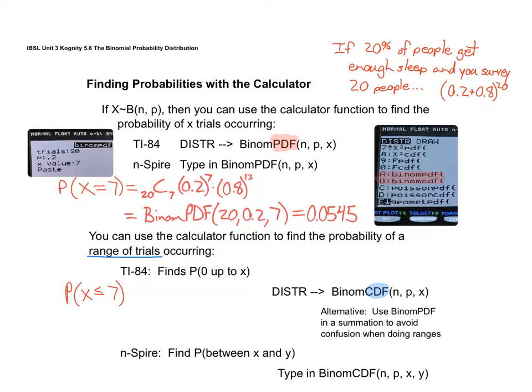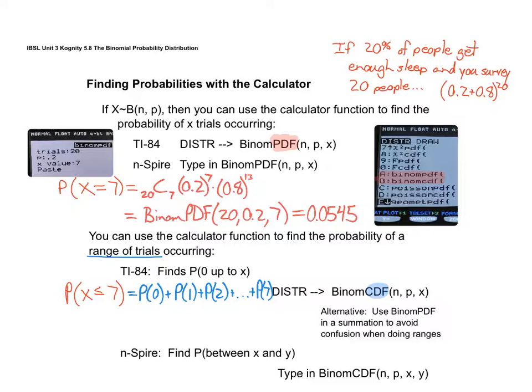Now, PDF stands for probability density function. CDF stands for cumulative density function. So it's cumulative. That means when I do CDF here, this is going to give me the probability of 0 plus the probability of 1 plus the probability of 2 plus all the way up to the probability of 7.